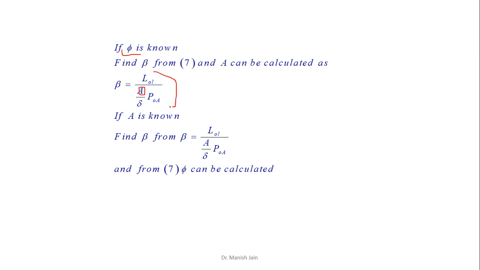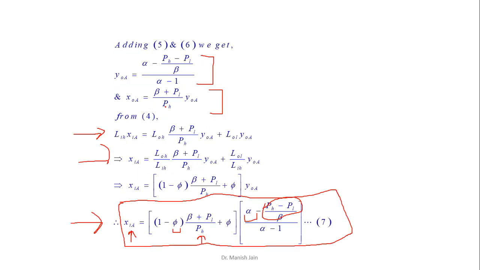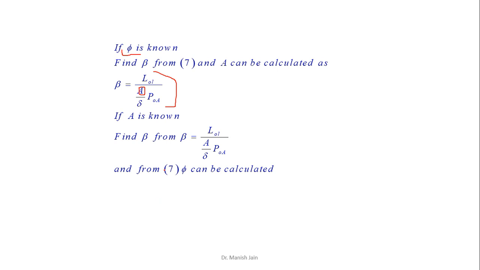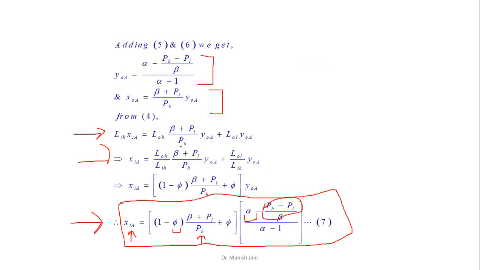And if the area A is known and you want to calculate the value of stage cut, then because you know the value of A, you can find the value of beta from this equation. When you find the value of beta, just substitute it here and you can calculate the stage cut.